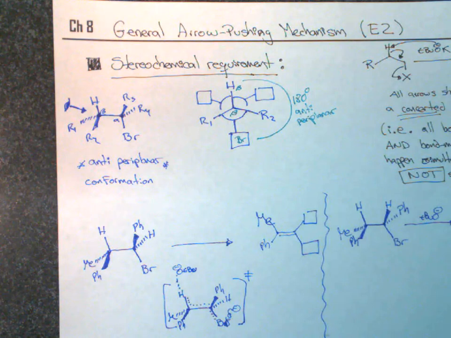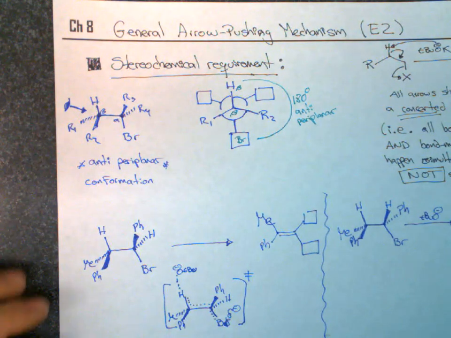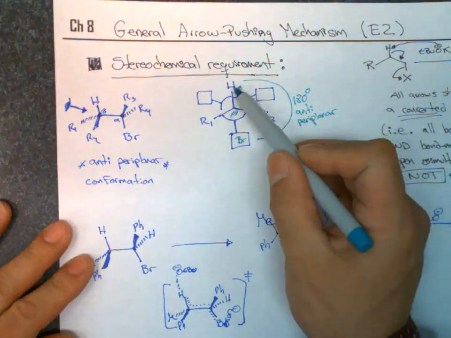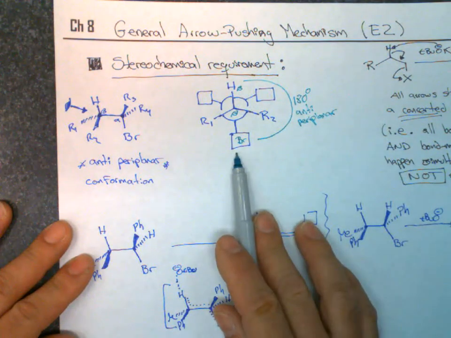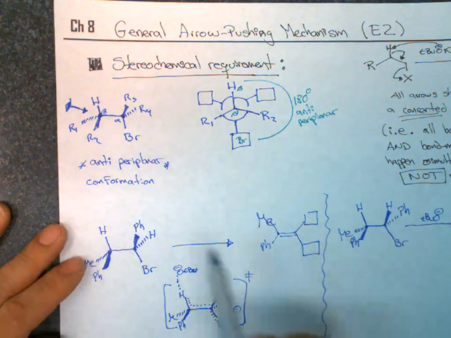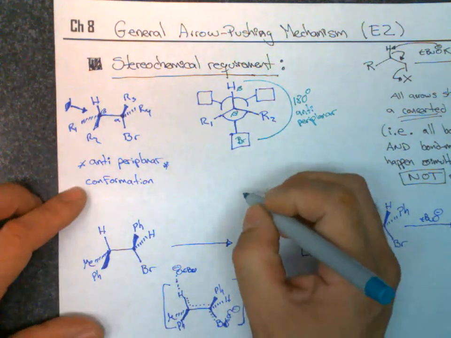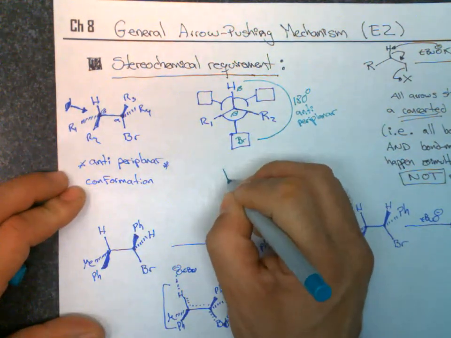But periplanar, what does that mean? Yeah, easy peasy, right? Logic. So hydrogen and bromine are in the same plane, and they're 180 degrees with each other. Now, this conformation is more stable than the following one.